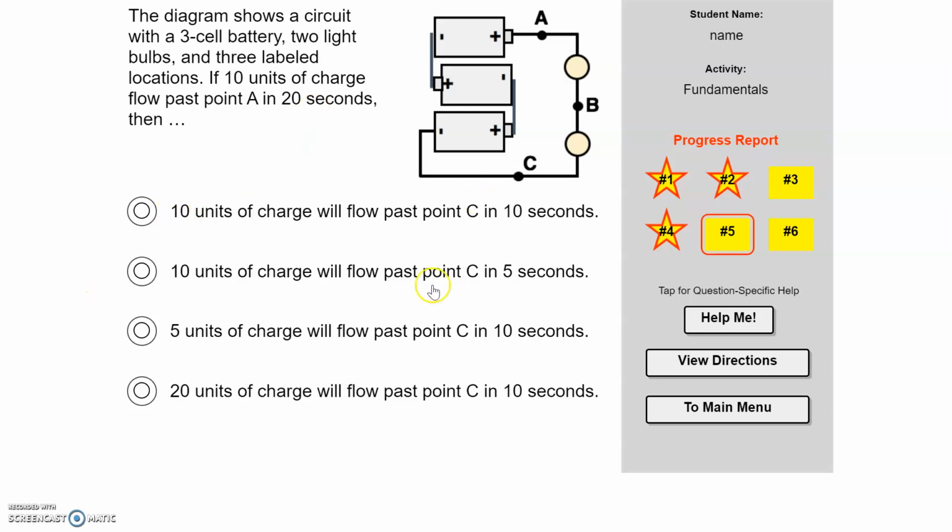So the next set of options here is talking about the amount of current at point C. Well, I already talked about this, but the current has got to be the same everywhere. So you're just looking for the numbers that will give you the same ratio, the same amount of current, which is 1/2. So 20 over 10 doesn't work. That's 2. 5 over 10, that is equal to 1/2, so that does work. This one would also be 2, and this one would be 1, so it can't be any of those.